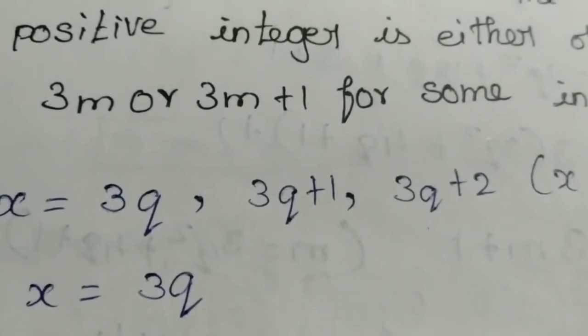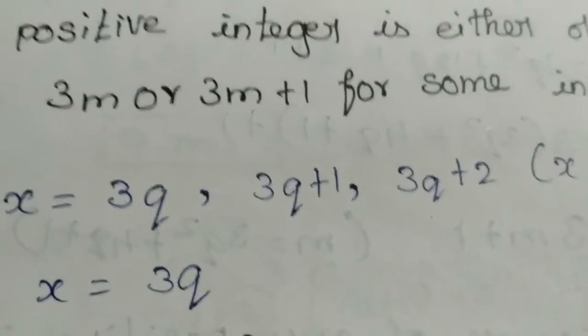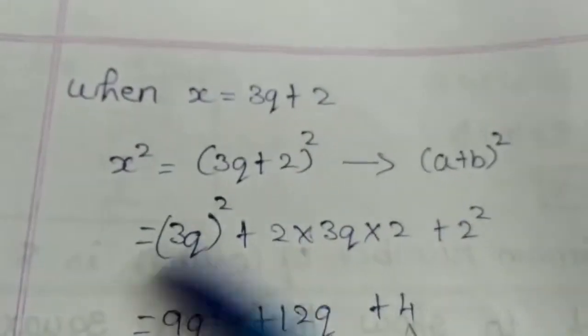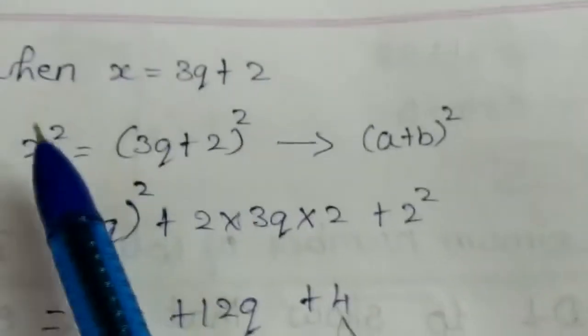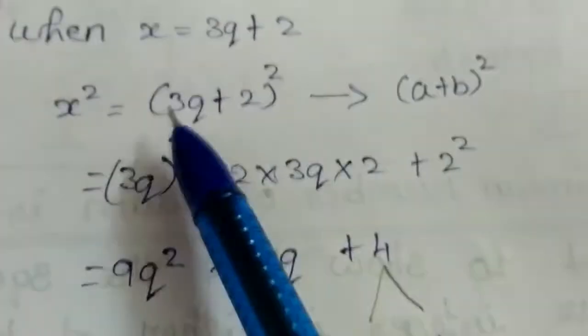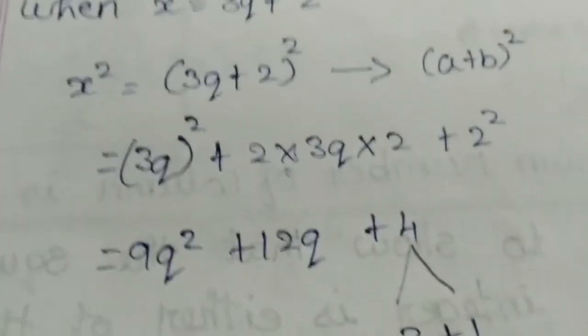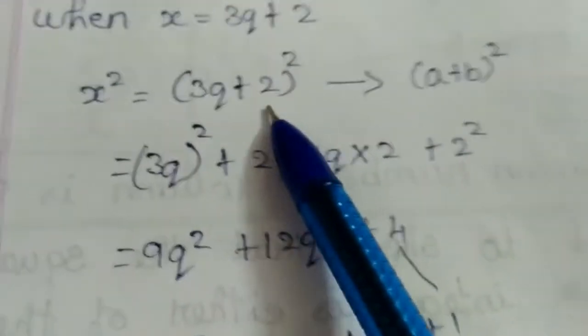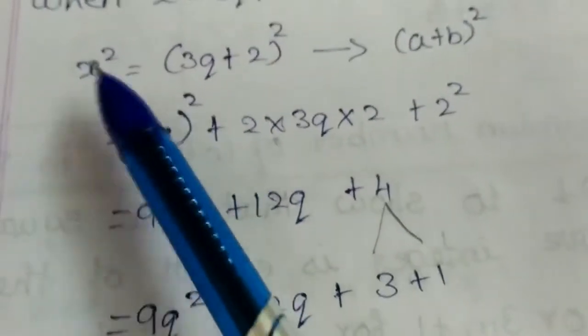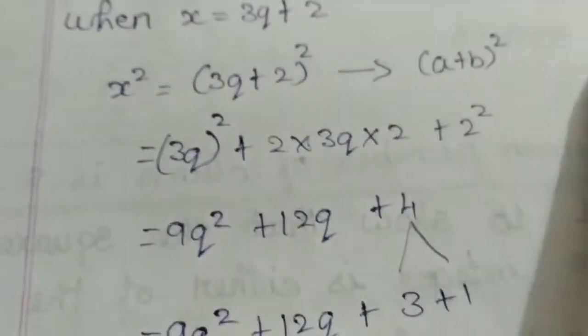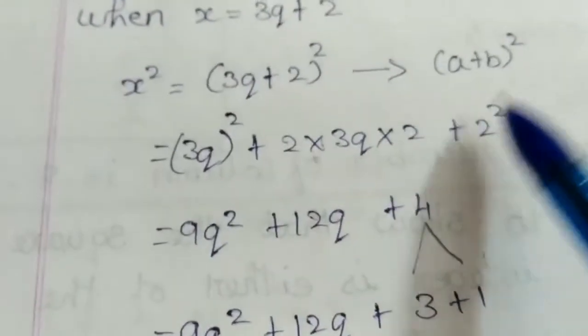Next we need to find for 3q plus 2. Now I am taking x is equal to 3q plus 2. Okay, we need to square both sides: x square, 3q plus 2 whole square. While a plus sign has come, we need to apply the formula: a plus b whole square equals a square plus 2ab plus b square.